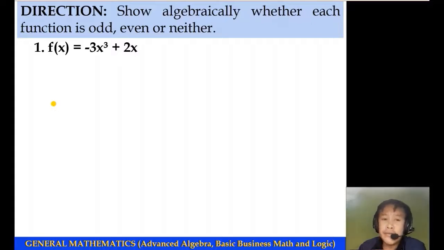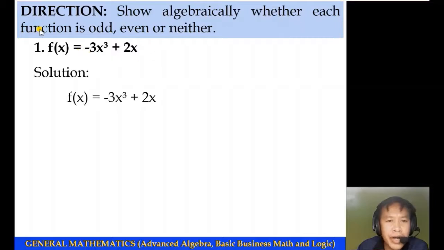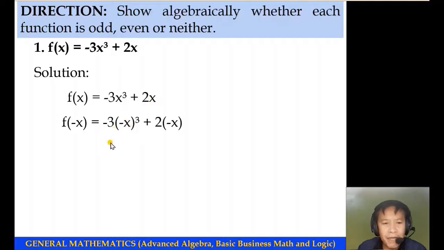We are going to show the solution. What you need to do here is copy first our function. Then, you are going to get the additive inverse of x, which is negative x, and substitute that into each term of the function. That is why x becomes negative x, and we have negative x here also. Then you are going to simplify.